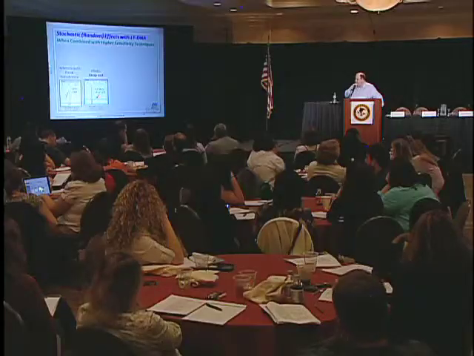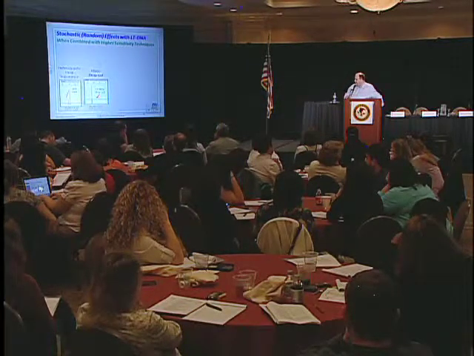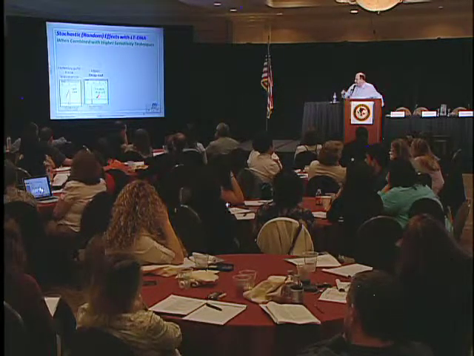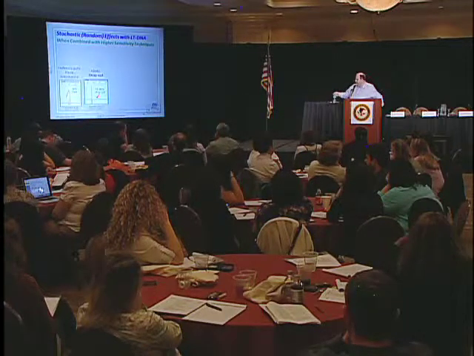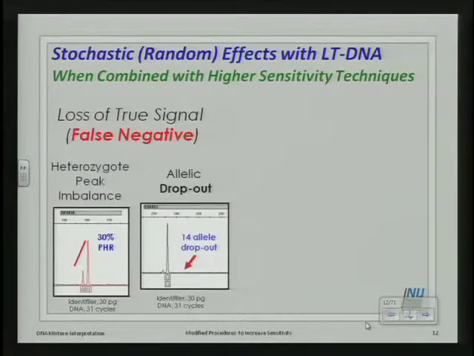But you can see that when you're down at 30 picograms, at this low-level input, you can get these types of drastic effects, such as the exaggerated peak height ratio here. You can also get dropout, where the 14 allele has completely dropped out of this particular example. So the consequence is that you're losing true signal. So it's potential to get a false negative.